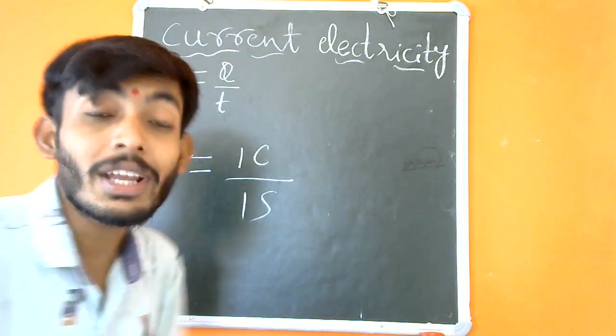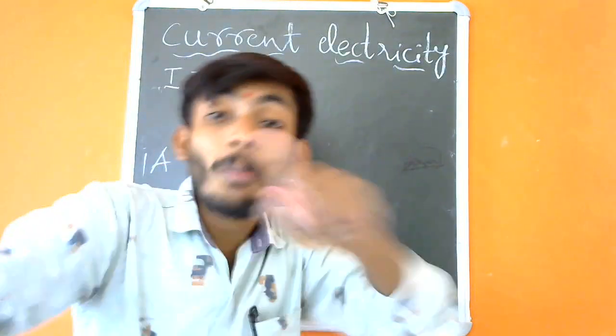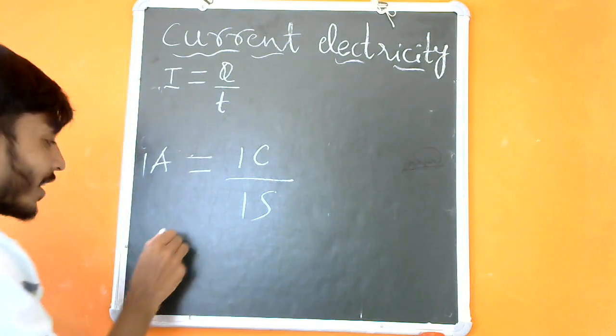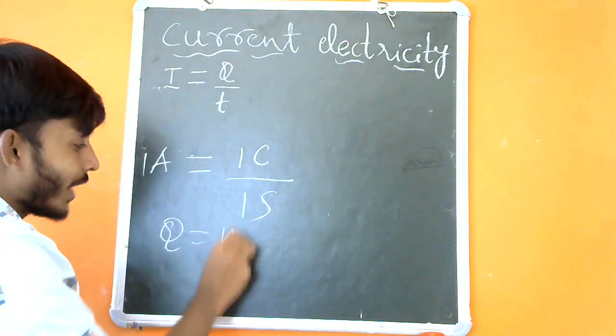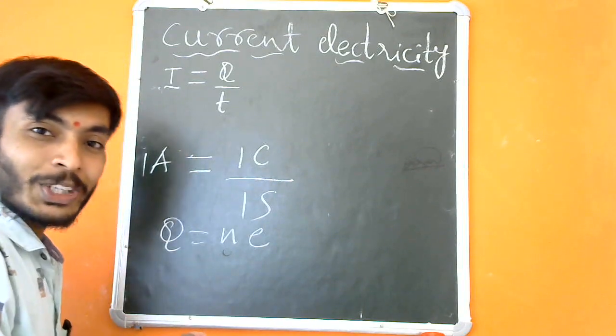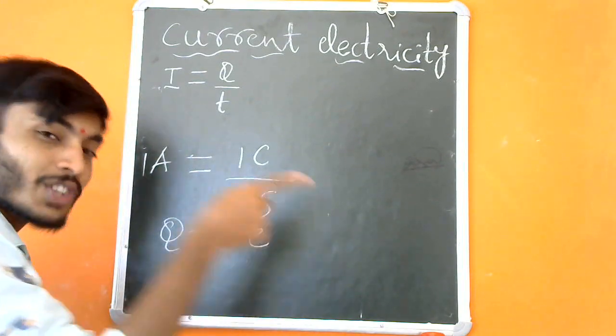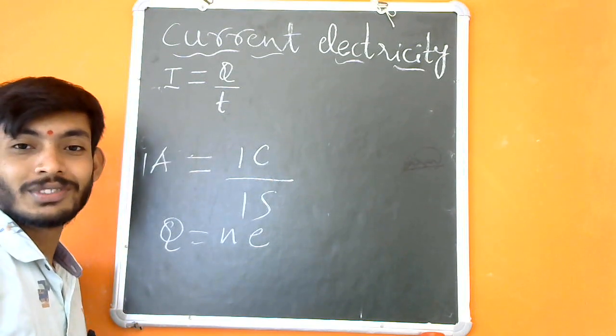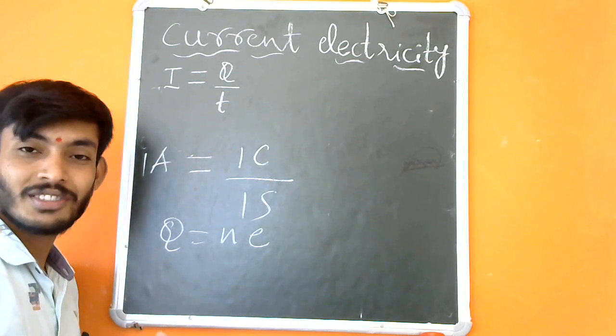Now let's find out in 1 coulomb how many electrons are there. So we know the formula, Q is equal to N into E, where N is the number of electrons, E is the charge of electron, and Q, we know, is 1 coulomb of charge.